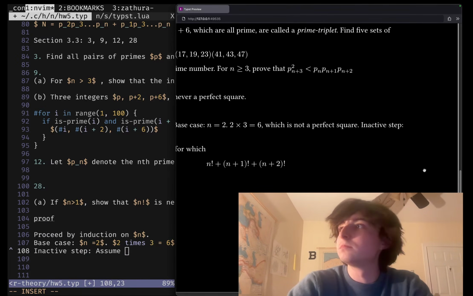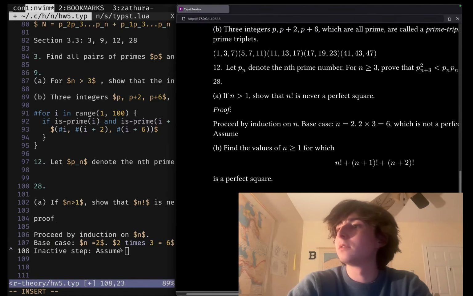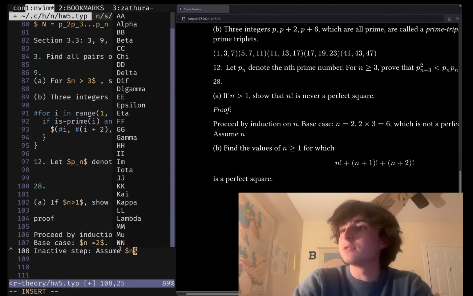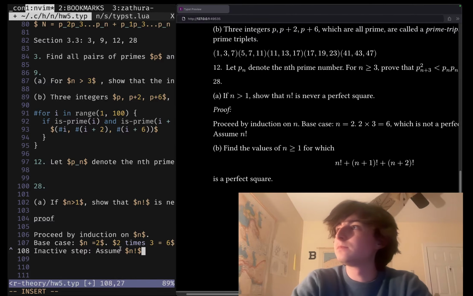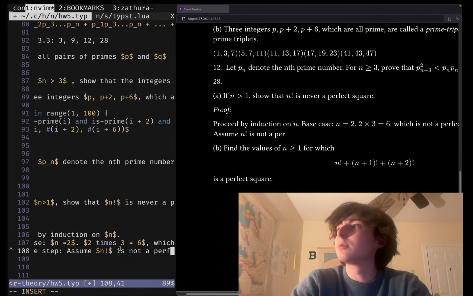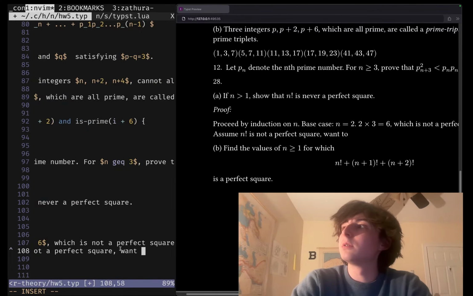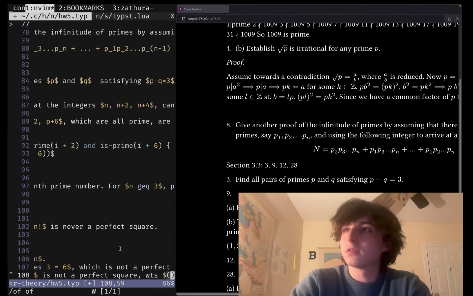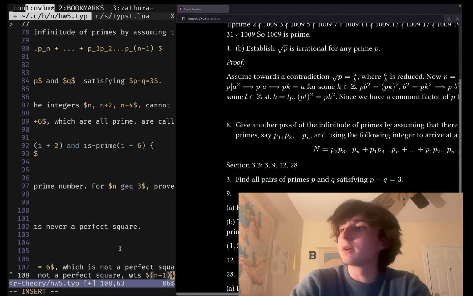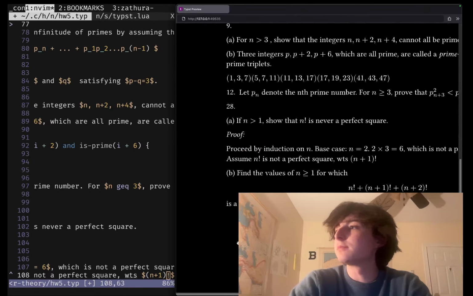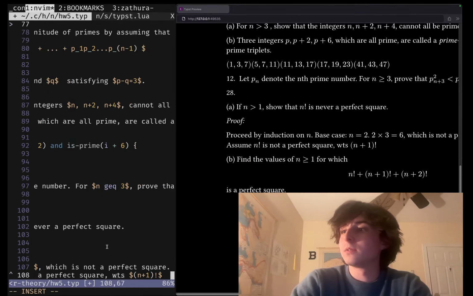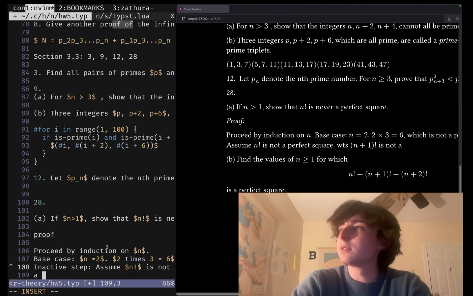Assume n factorial is not a perfect square. Want to show n plus 1 factorial, I lost my spot, is not a perfect square.